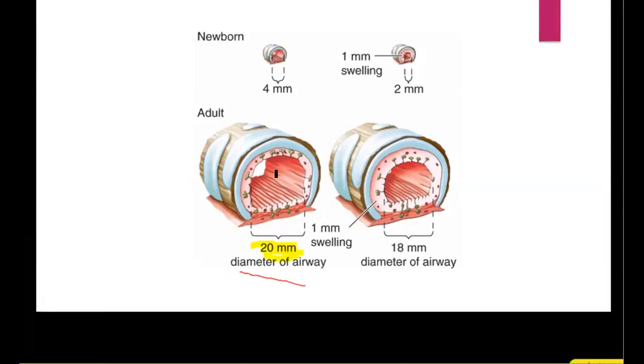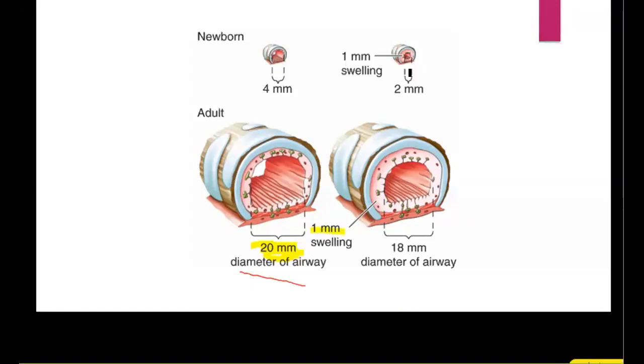When you extubate a patient, you take a tube out. The fact that that tube has been in their airway has caused irritation. You cannot avoid it. That irritation in turn leads to some degree of inflammation. It's expected. When we pull that tube out, we expect 1 millimeter of swelling.